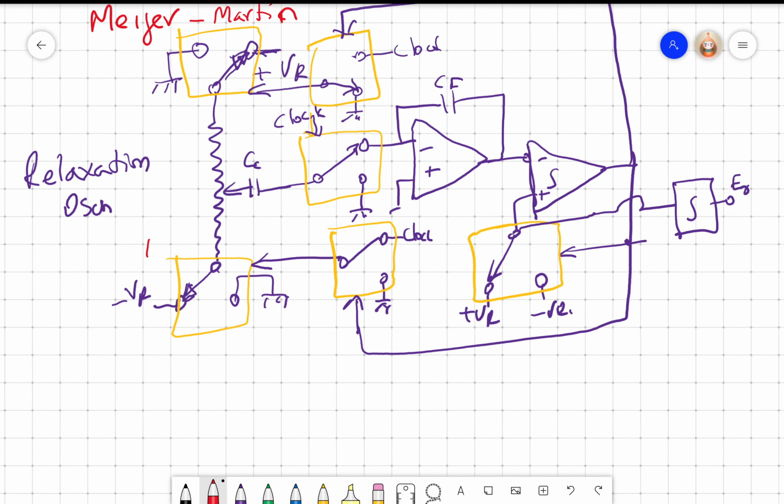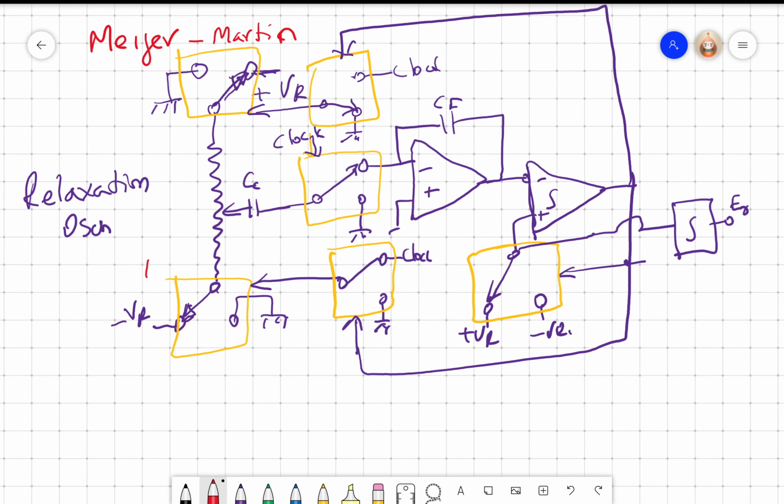So what is going to happen? B would be at minus VR, A is ground, so I will get a voltage sum here. I call this V1, I call this V2. So this would be at a particular point, Vx.